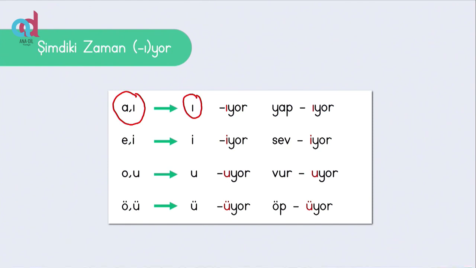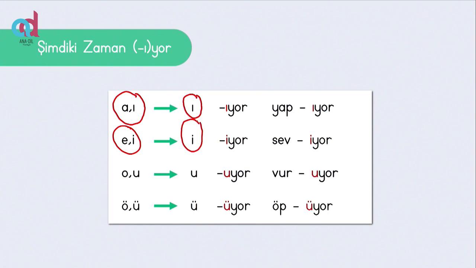If the last syllable of the word has a close vowel like e, i, then the suffix has to start with a close vowel like i.